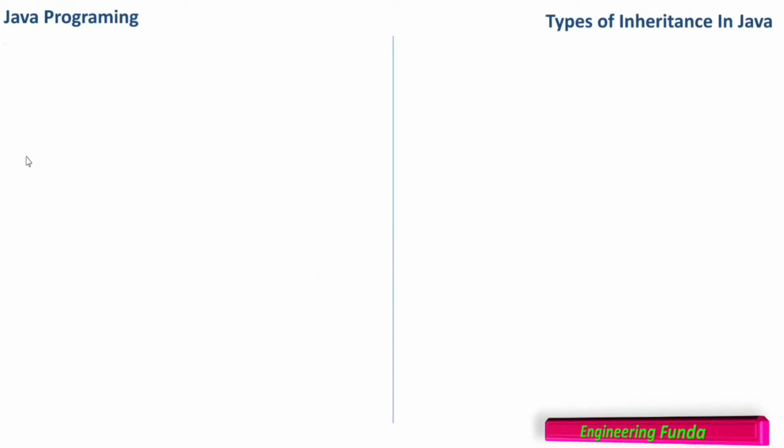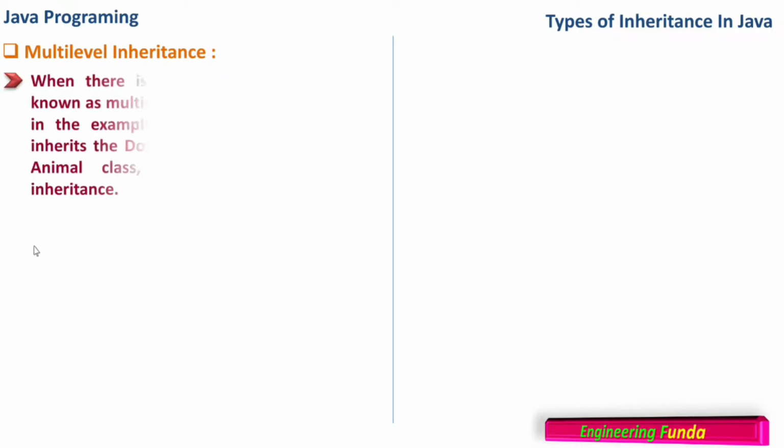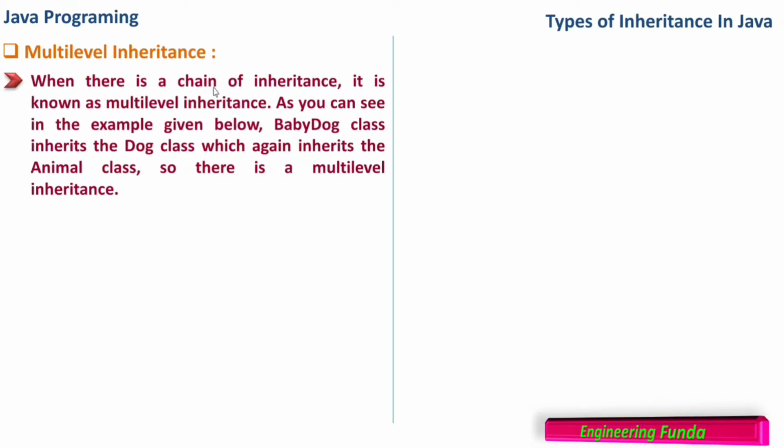First let us define what is multi-level inheritance. When there is a chain of inheritance, it is known as a multi-level inheritance. That means there is a class which is extending some another class, and this class is again extended by some other class, and so on.